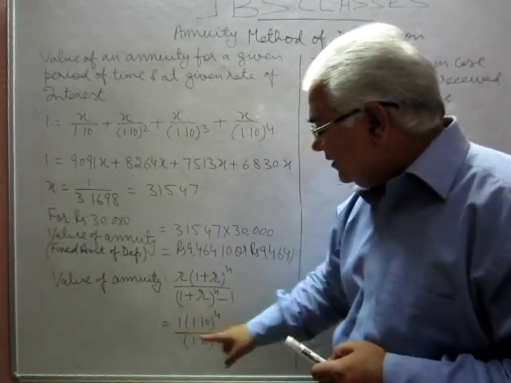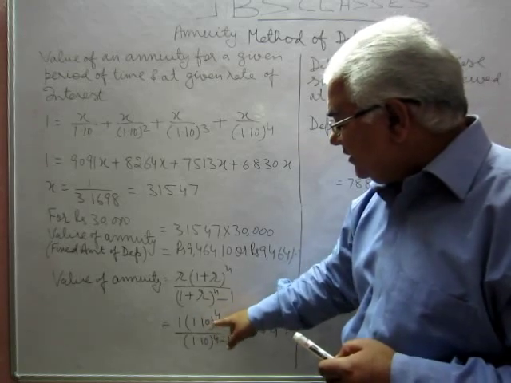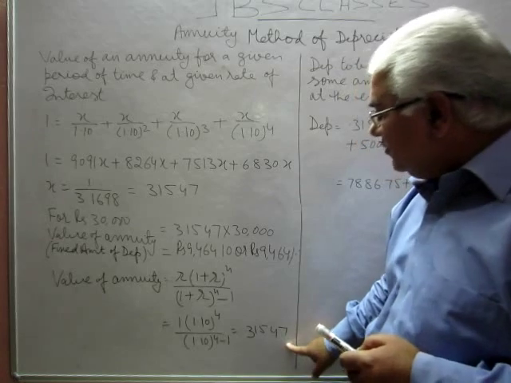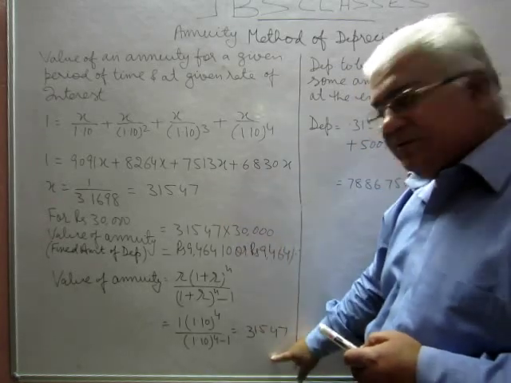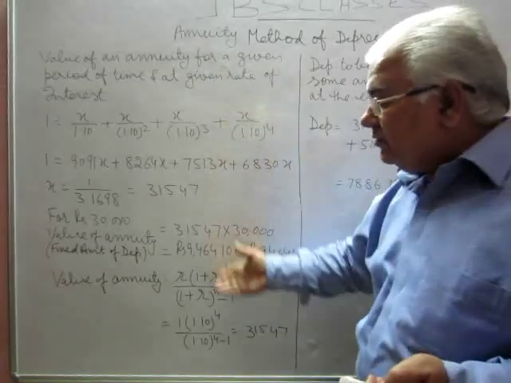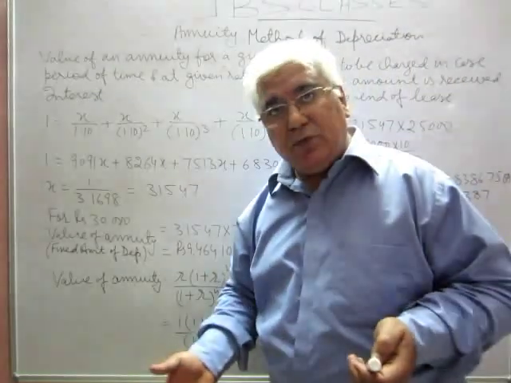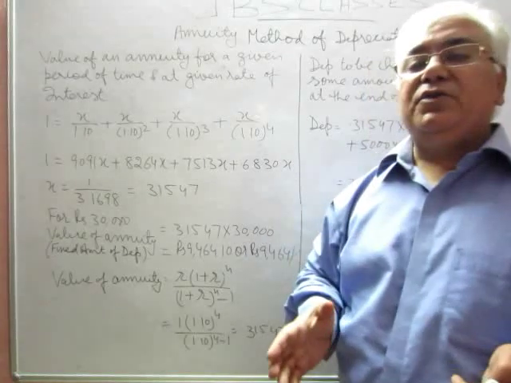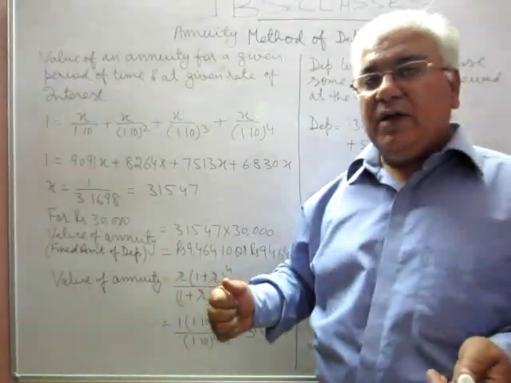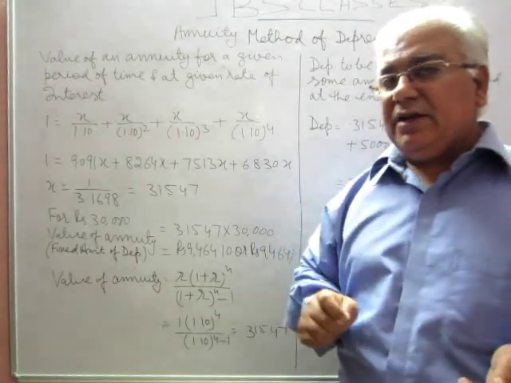So this is 10%, this is 1 plus 10%, 4 years, that is n, and this also gives us the same result as this. Okay, and these two options are available to you, and also you have the option of using the annuity tables. They are readily available.